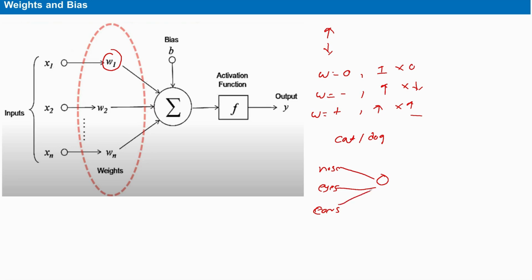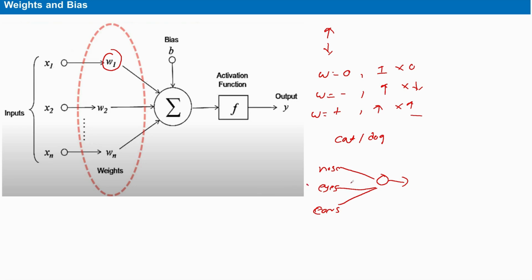Here you find that the eyes of the cat or dog have more importance than the nose and the ears, because they are the differentiator for recognizing whether a particular image is of a cat or a dog. So you need to give more weight to the eyes.